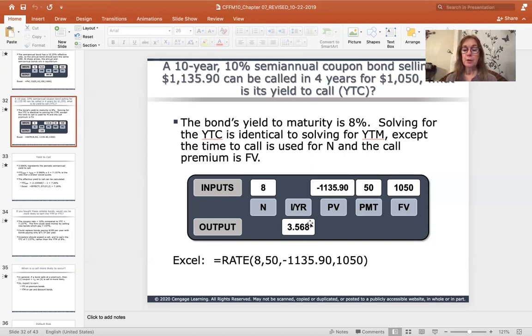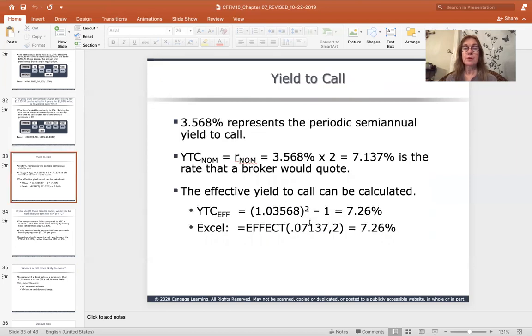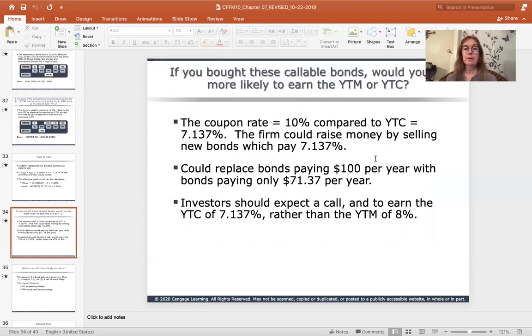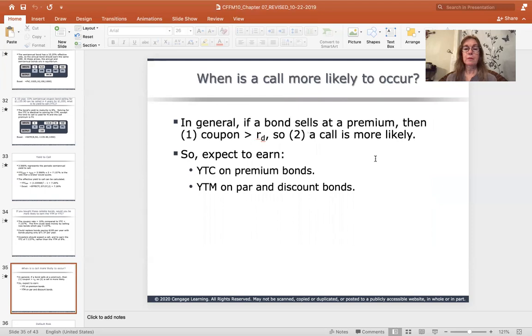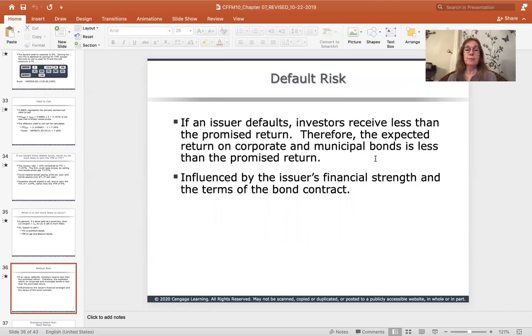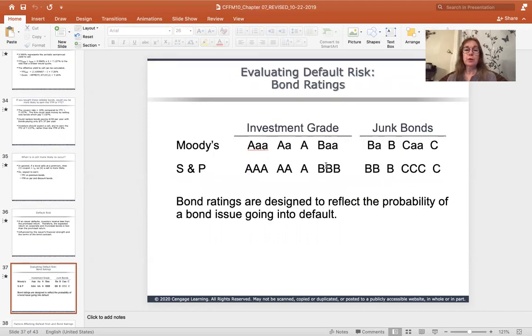So the final answer is 7.137%. That's our yield to call right there. And if the interest rates have gone down, then a bond is likely to be called in. You can read this at the end of the chapter, as I was mentioning earlier.